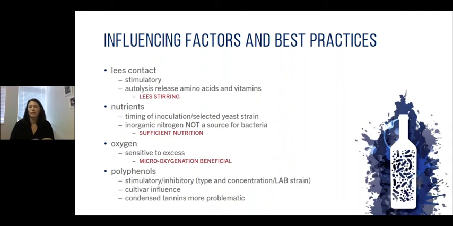Of course, you've heard of the Merlot factor, so there's a cultivar influence. From the research, it seems that the condensed tannin seems to be more problematic. Later on, we'll have a look at what the impact of some of the ellagic tannins are on bacteria and malolactic fermentation.